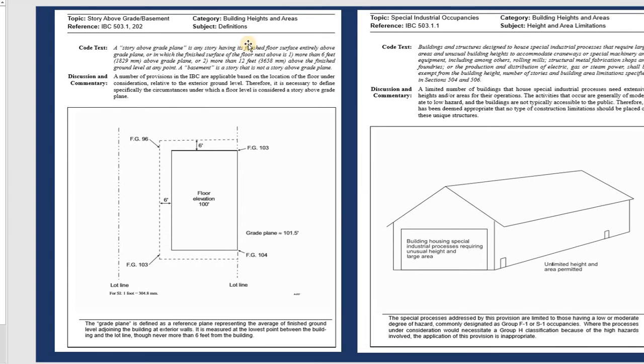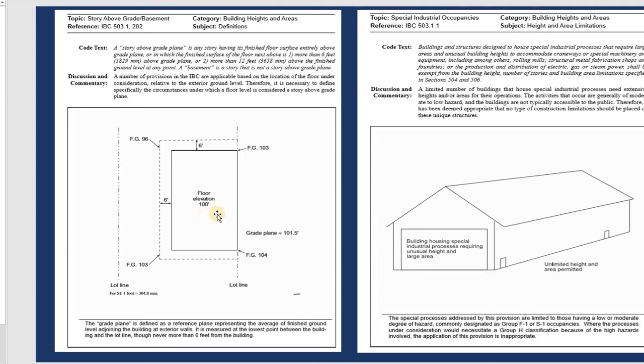This is another example, from the height of the building. Usually, if you see something like this is the building, and you look at the floor, they say the elevation is 100 feet. That means the maximum height of the building is 100 feet. And if you look at the top corner, you have finished crown 103, 104, and on the clay plane it's 101.5 feet.